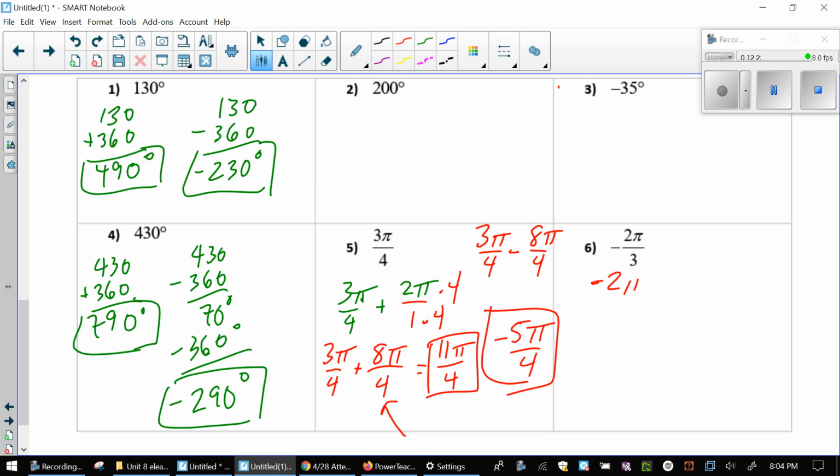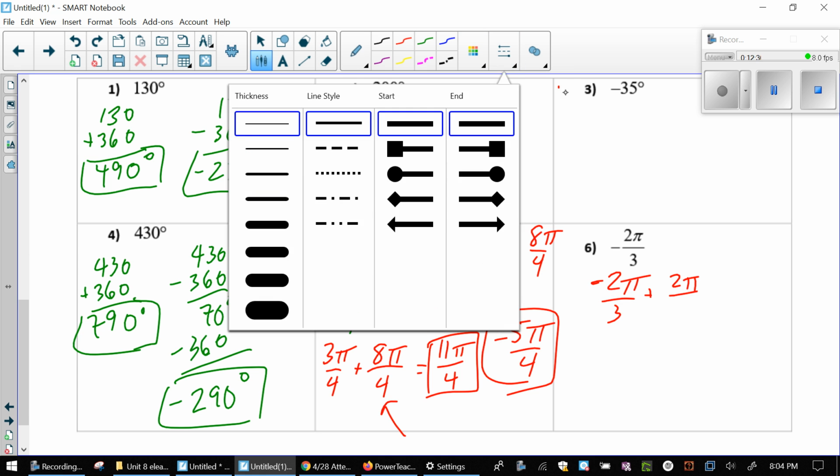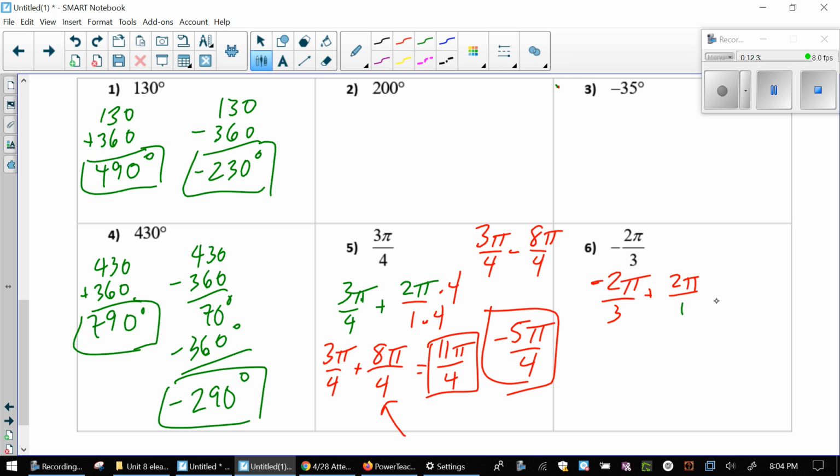All right, let's do it again. Negative 2 pi over 3 plus 2 pi. Get my common denominator. I need my denominator to be 3, so I multiply times 3. Negative 2 pi over 3 plus 6 pi over 3. Notice all we're doing really is multiplying whatever that denominator is by 2.